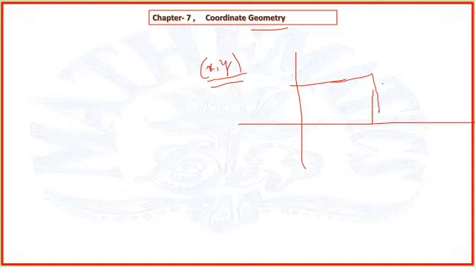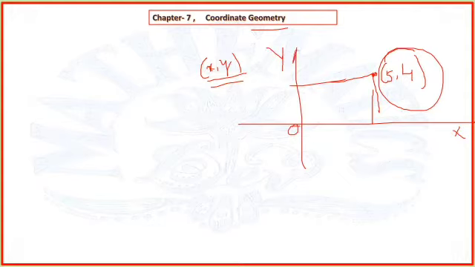Actually locating these points, for example here x is equal to 5 and y is equal to 4. So these are the coordinates of this point with respect to the origin on the horizontal axis and y axis. This type of measurement we are going to do, and through distance formula, section formula, and different applications of this concept of coordinates.